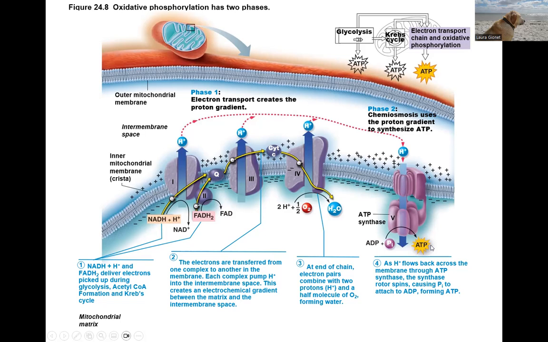It's also going to produce a lot of water. So this method of pumping hydrogens out and letting them fall through this turnstile to create the energy to bind the inorganic phosphate to the adenosine diphosphate, that's a different method called oxidative phosphorylation versus substrate phosphorylation that occurred previously.